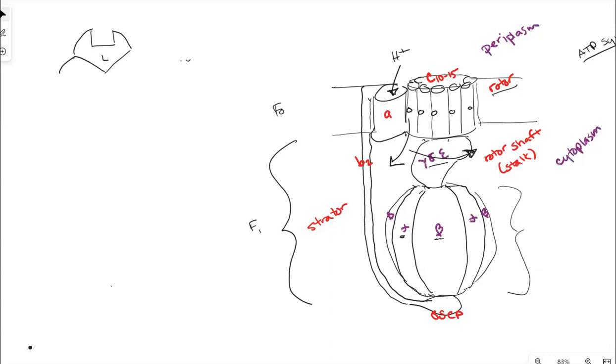Then we'll have an open conformation and a tight conformation. So open, loose, and tight. What these are illustrating are 3 different degrees of ligand binding, where tight binds the most strongly, loose has intermediate binding, and open has very low binding.